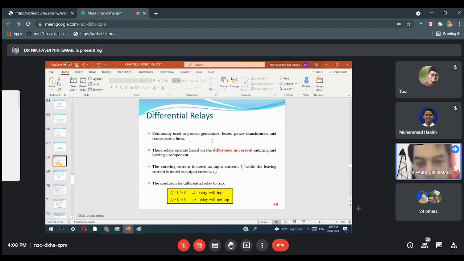So the concept of the differential relay: before this you learned about the overcurrent relay, directional relay, and impedance relay. These relays are designed to protect transmission lines. However, to protect the equipment, we use this type of relay known as a differential relay.